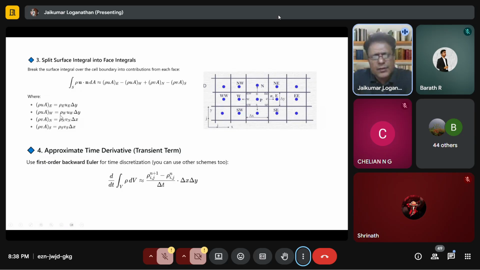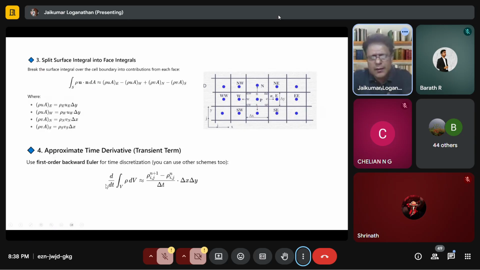So like that, we are getting the value of this integral through these terms. Okay, so now we have converted the surface integral into a summation of fluxes coming through these faces, and the fluxes are coming from the neighboring cells. So this is how we represent the surface integral.